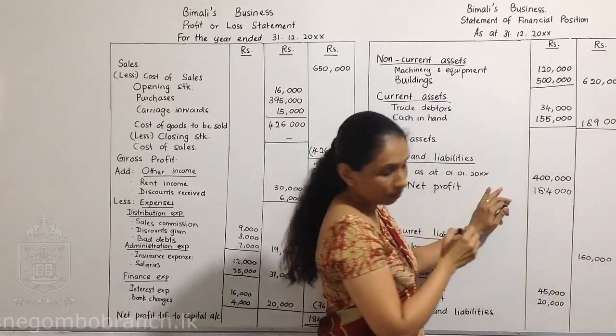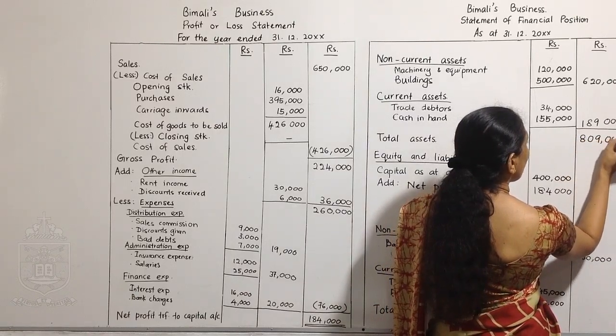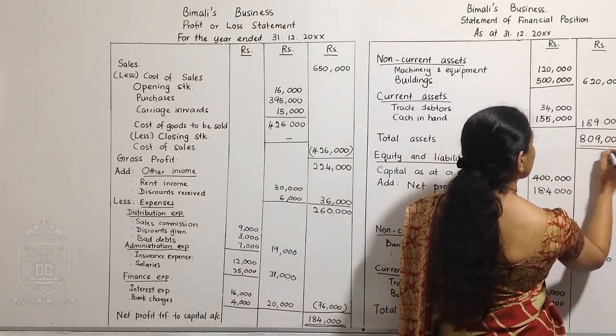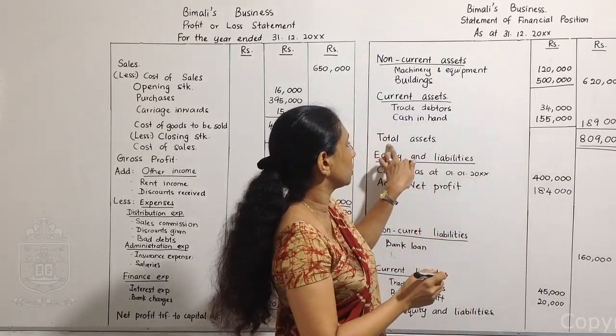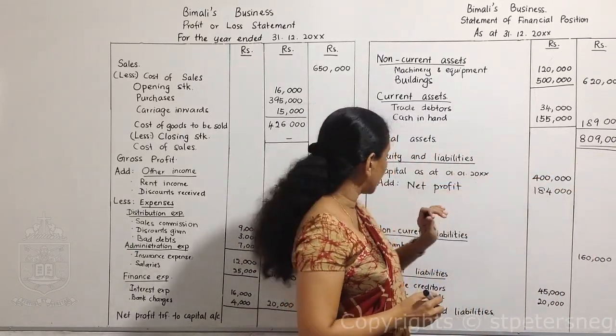Both together we have 809,000 of total assets. So you can see in the line item total assets we have 809,000.